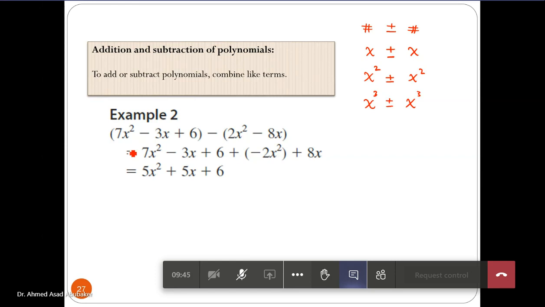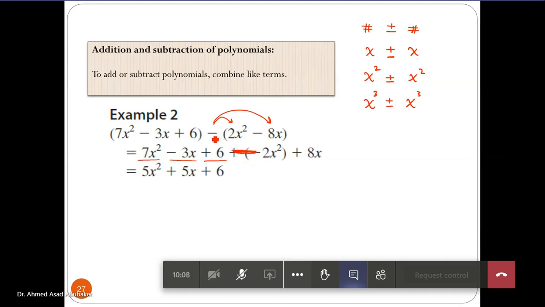Notice here we put 7x squared negative plus 6. We have a negative, so we must multiply each term in the brackets by negative. So positive with negative, we have here negative.